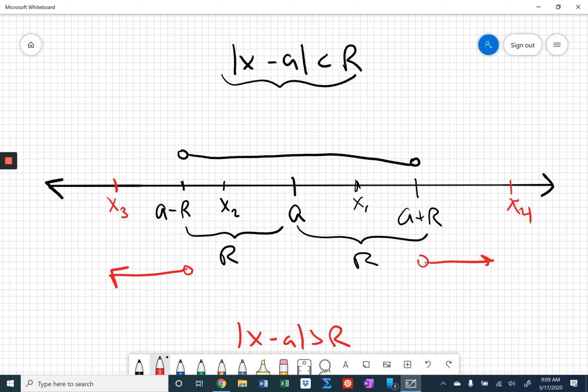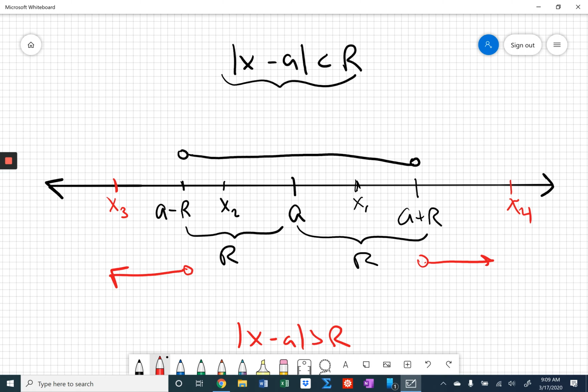I'll talk about the endpoints in just a moment, but nonetheless, the center of that power series was 0, and we went 3/2 to the left, 3/2 to the right, and everything within those two values were values of x for which the series converges.